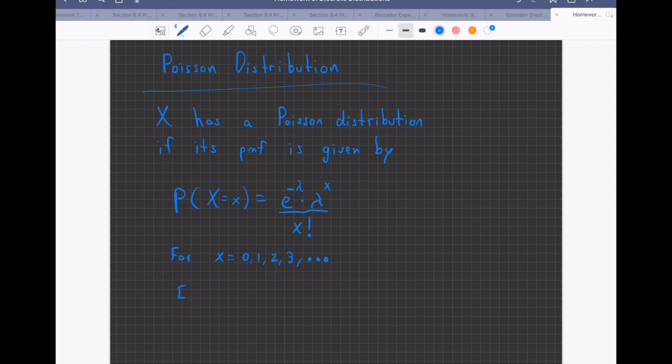The expected value of X is lambda, and the variance of X is lambda.